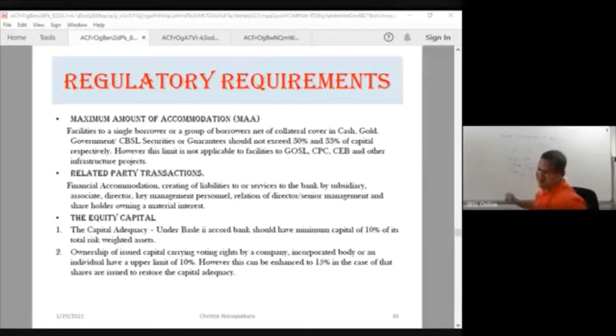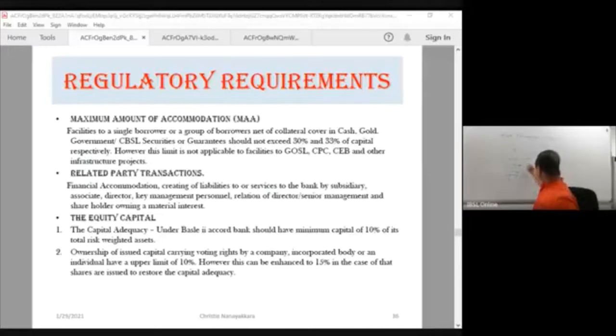Now both customers are asking 4 billion. Can you give? But there is a condition here, net of cash and various other securities. So this customer, you have 1 billion cash, so now he is entitled to 3 billion. So this customer can be given.